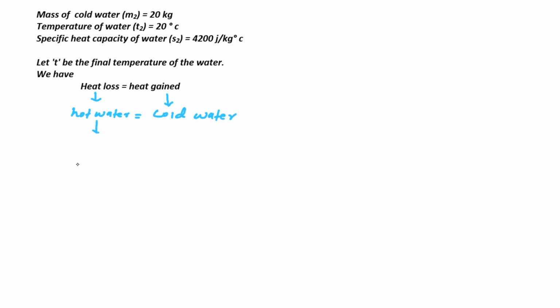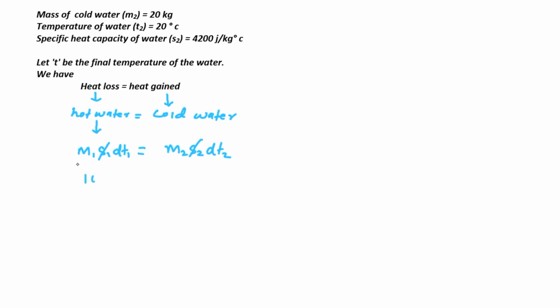We have the heat equation Q equal to m s dt. So m1 s1 dt1 equals m2 s2 dt2. Both s will cancel because the specific heat capacity of water is the same in both cases.